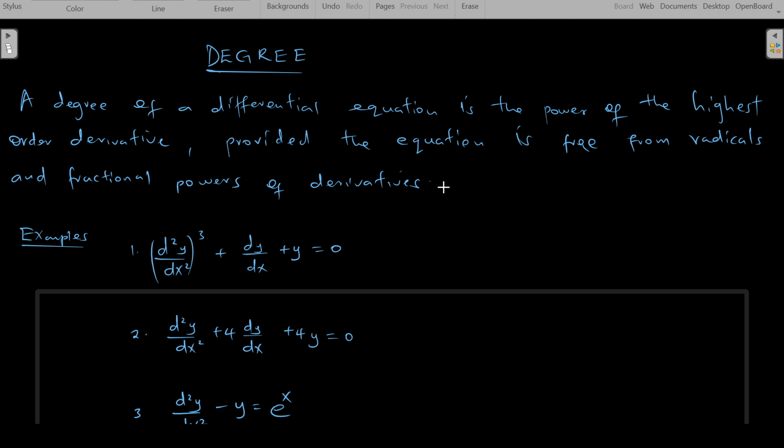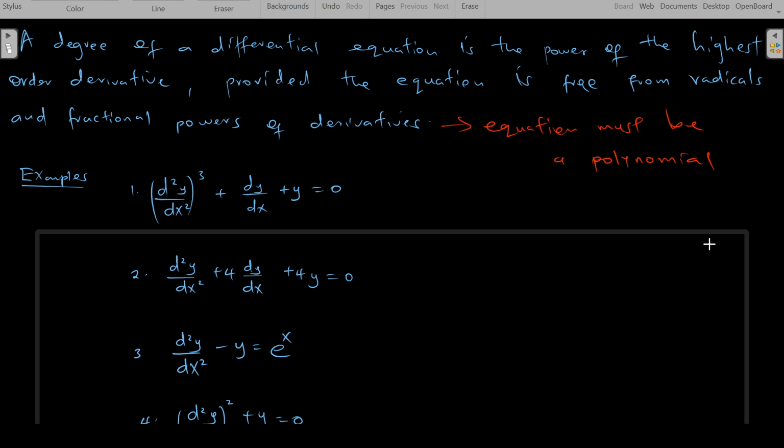What this means is simply that the equation must be a polynomial. So that's what this statement says.